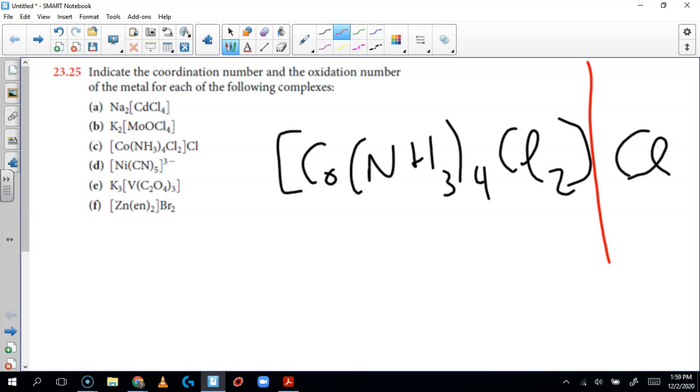This side is the negative side, because whenever we have a compound, the negative half is always listed second. This side is the positive side. On this side, we have a 1 minus, because there's only one chlorine, and that's all by itself. That's a 1 minus. So that means that this side is a 1 plus.